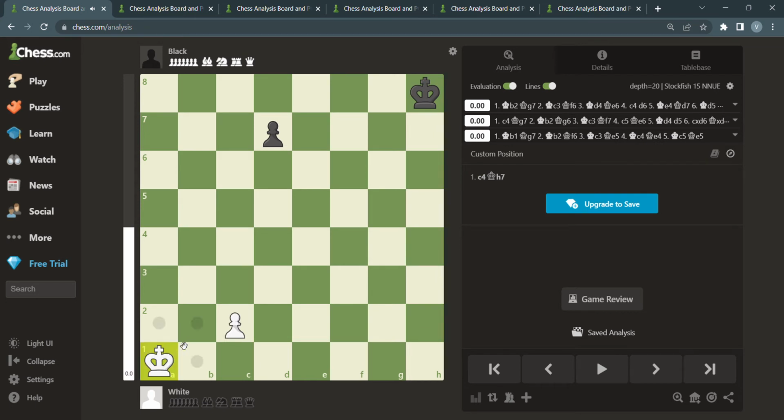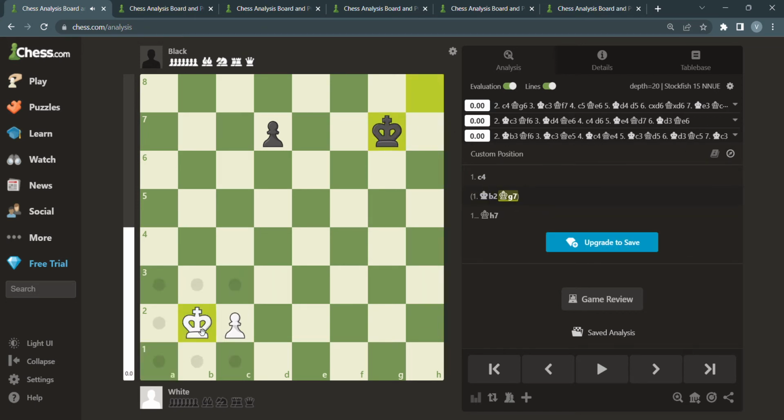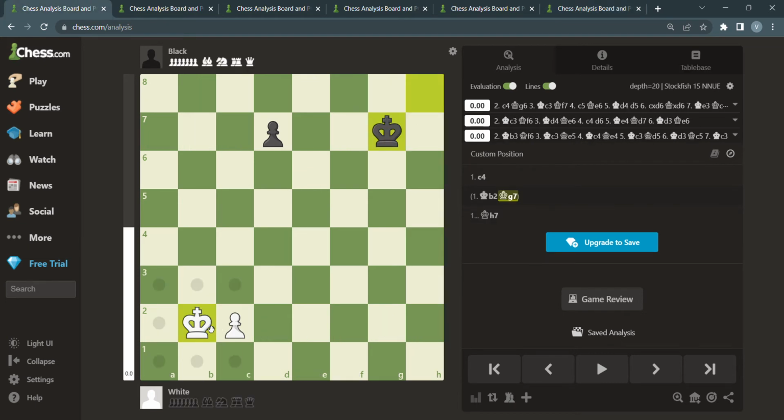The king moves 1 square in any direction. I need to tell you another rule. You can't capture your own pieces, so you can't capture this, basically. The king moves 1 square in any direction, and the aim of the game, I'll tell you later. I'm sorry.